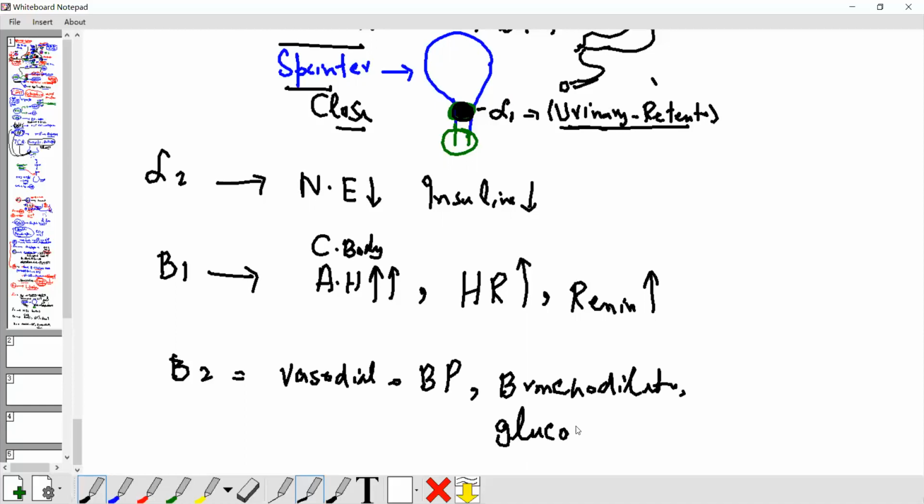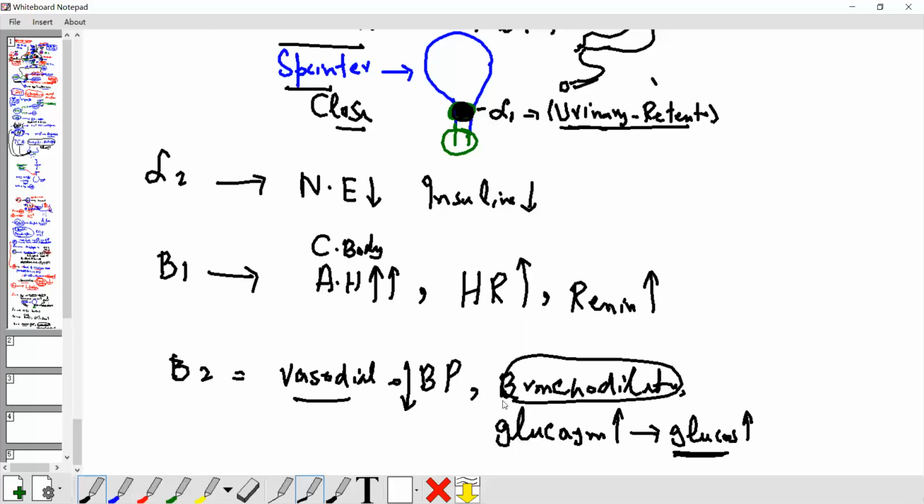If glucagon increases, it leads to an increased level of glucose. Understand? Vasodilation decreases blood pressure. Bronchodilation is very good for asthma patients. We need bronchodilation there. We use beta 2 drugs as inhalers for asthma patients.